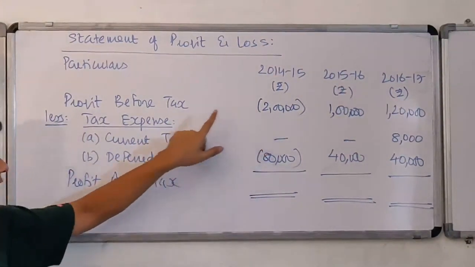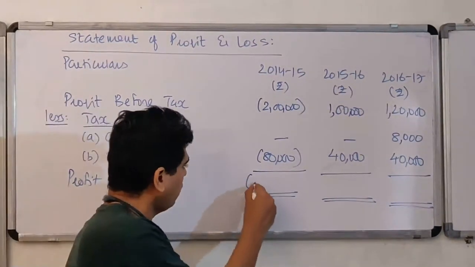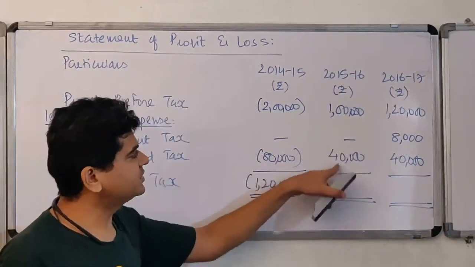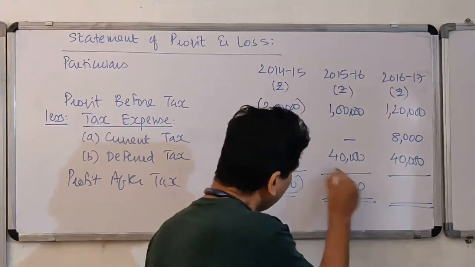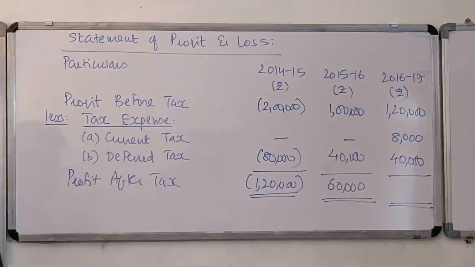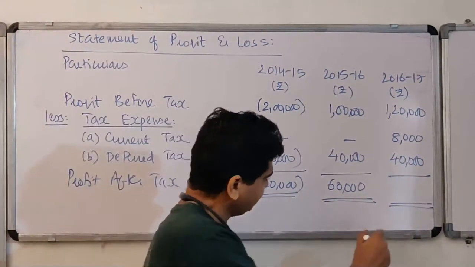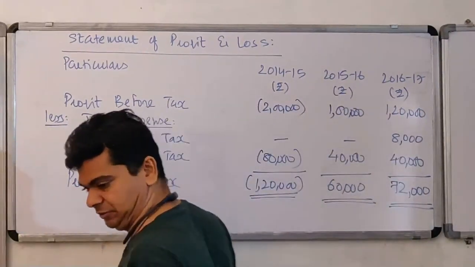Understand? Negative 2 lakhs minus minus. It will get added. So 1 lakh 20. This will be simple. 1 lakh minus 40,000. So 60,000. And then 1 lakh 20 minus 48,000. 72,000.